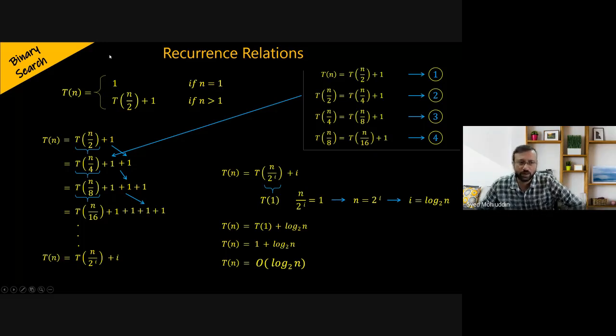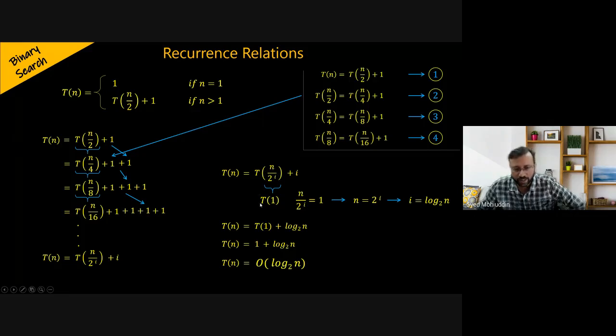So T of 1 is 1. We know it takes constant time. So when n is 1, this part should reduce, that is T of n by 2 power i should reduce to T of 1.